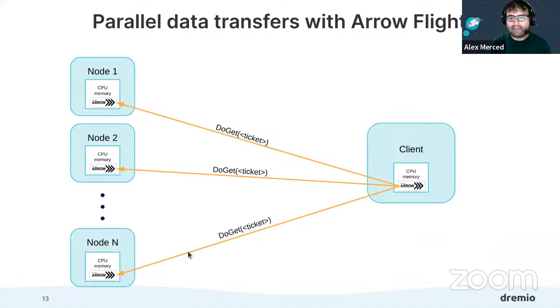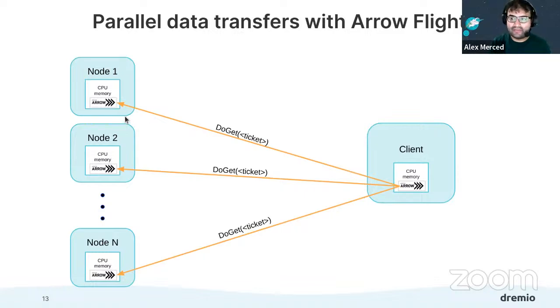Bottom line, because of the way the Arrow Flight API is designed, you can have parallelization. Instead of just saying, I want to run this query and immediately getting back the results, it gives you a ticket. If you have a parallelized system, the client knows to communicate with the cluster, and then I can pass my ticket to the different nodes and get each node's part of the process.